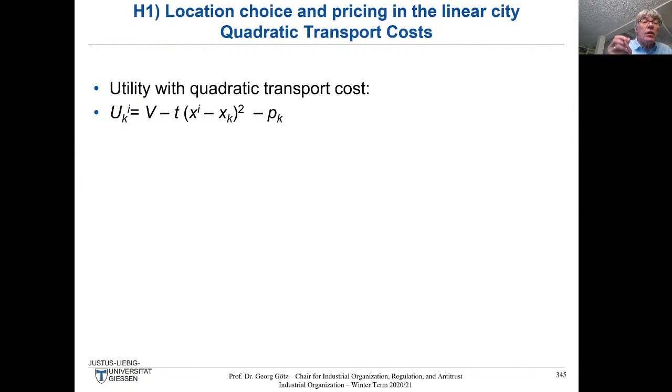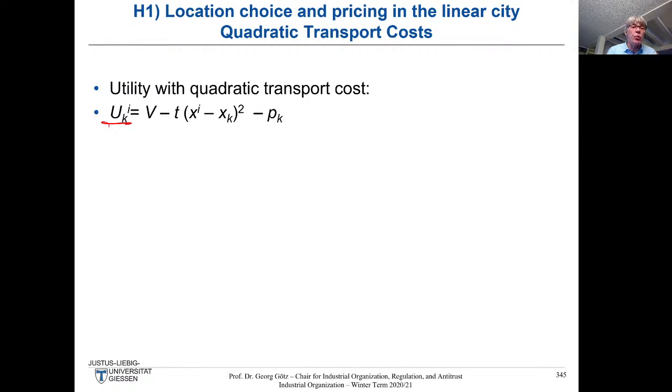Now again, same thing as previously, but we just substituted the absolute sign here with the square. Everything is the same. Again, the direction doesn't matter because it doesn't matter whether you're to the left or to the right of the shop. It's just squared, so only the absolute distance matters.